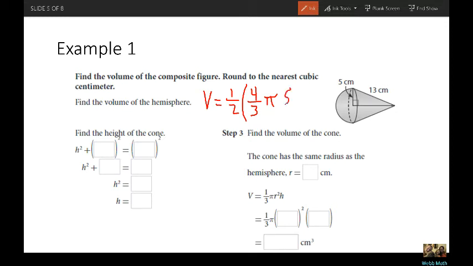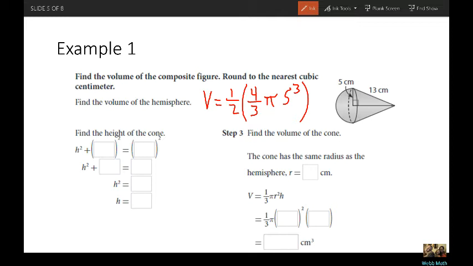So 5 cubed. Okay, so we'll find that. And you should get 5 to the 3rd power. Your calculator does a lot of the legwork for you. Times, and those 4 gets reduced down to a 2.